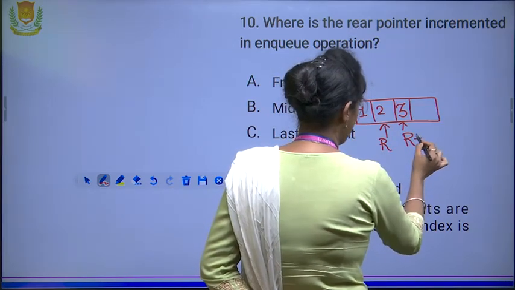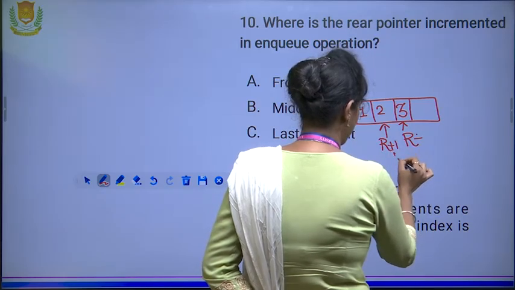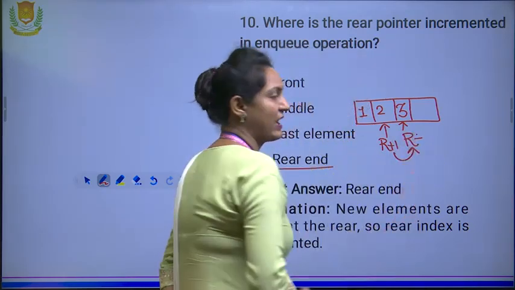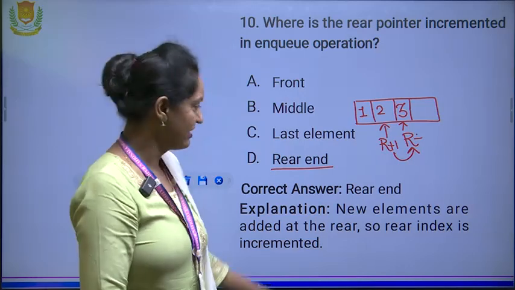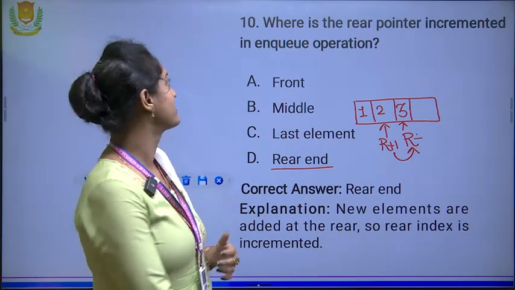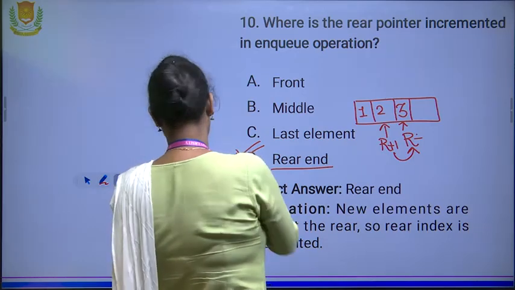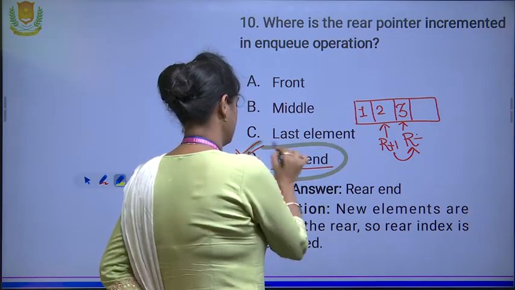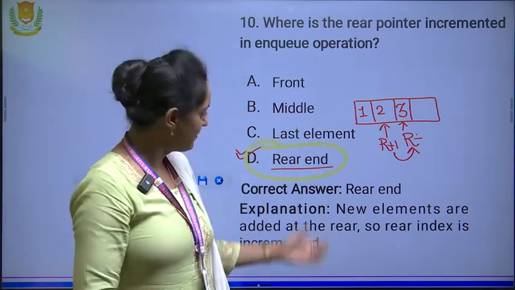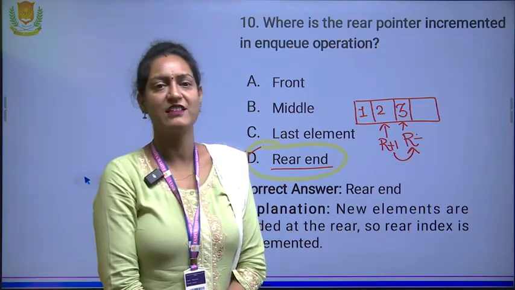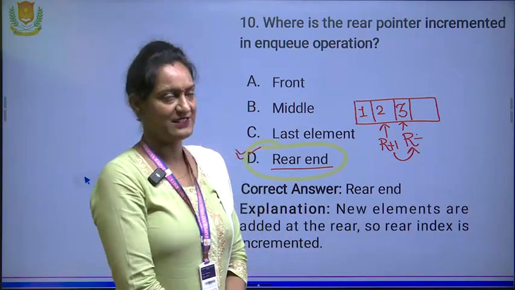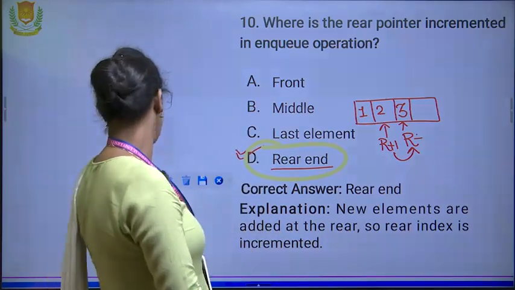That means R plus 1, it is incremented by 1, right? So the correct answer of this question is rear end. I hope you understood the question, answer and explanation as well. Now we will move ahead to the next question.